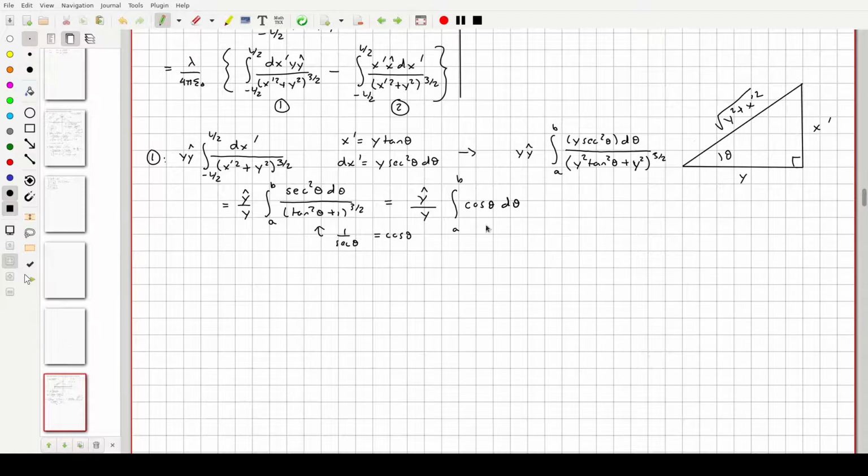So let's go ahead and perform an integration. Again, the derivative of sine is cosine. So this is a sine of theta evaluated from a to b.